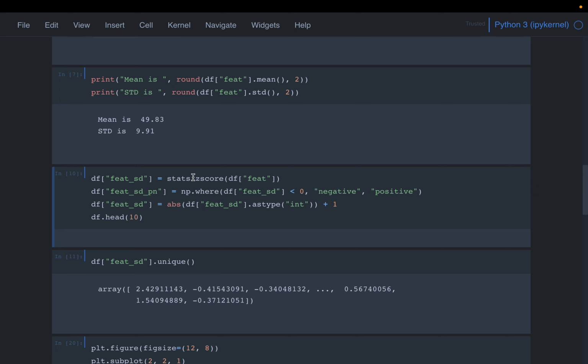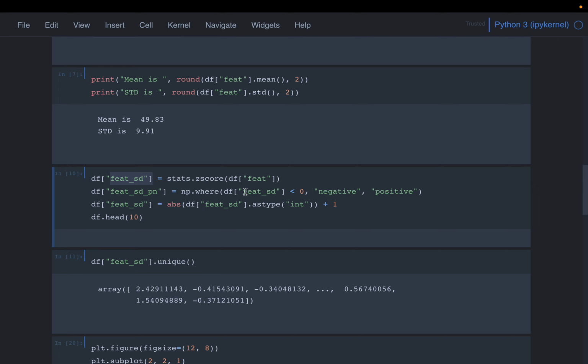The z-score from statistics simply computes how many standard deviations away from the mean the value is, and if it is on the left hand side, it returns with a negative sign. If the value is on the right hand side, it returns with a positive sign. So here we are computing this z-score, or you can say the number of standard deviations.